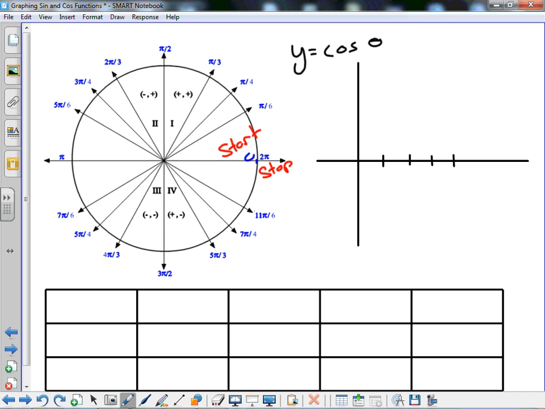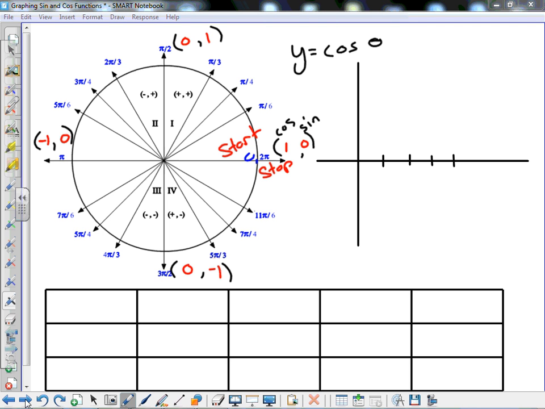Now, going back and labeling our points, here we're at 1, 0 again, 0, 1, negative 1, 0, and 0, negative 1. This time we're graphing the cosine. So remember, it's cosine, sine, so we want that cosine value going around each time.